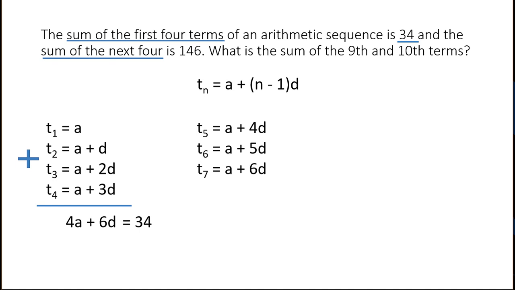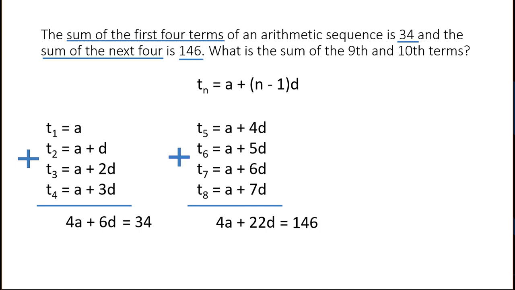Seventh term is A plus 6D. And the eighth term is A plus 7D. Well, I add all those up, and there are four A's there. And 4 plus 5 plus 6 plus 7D gives me 22D, and all that, according to the question, adds up to 146.